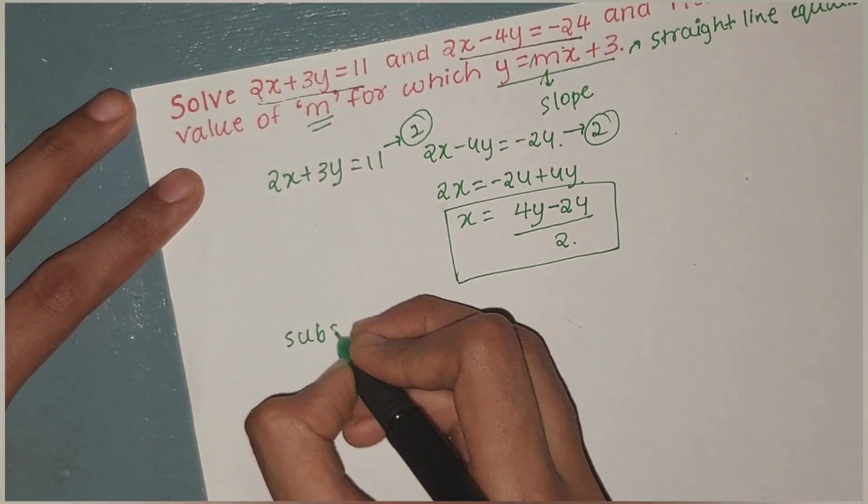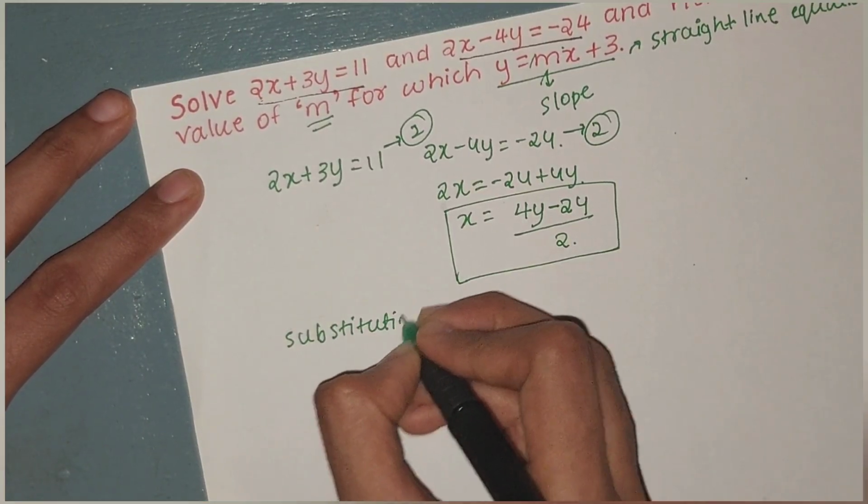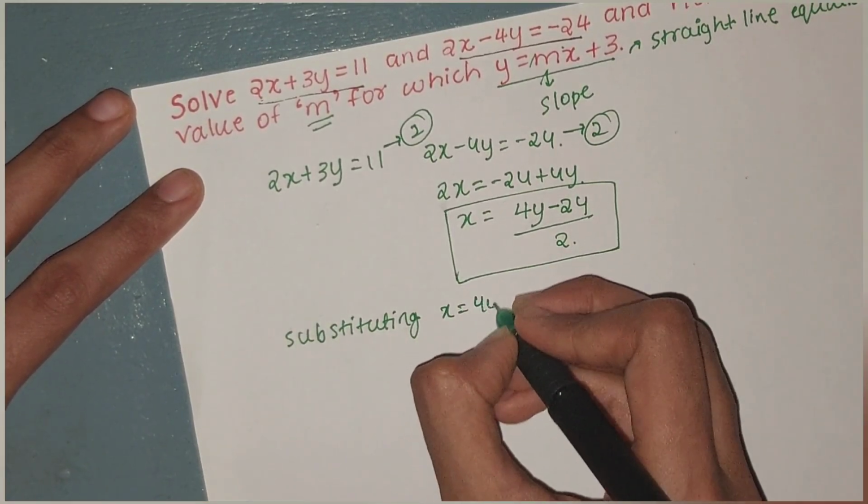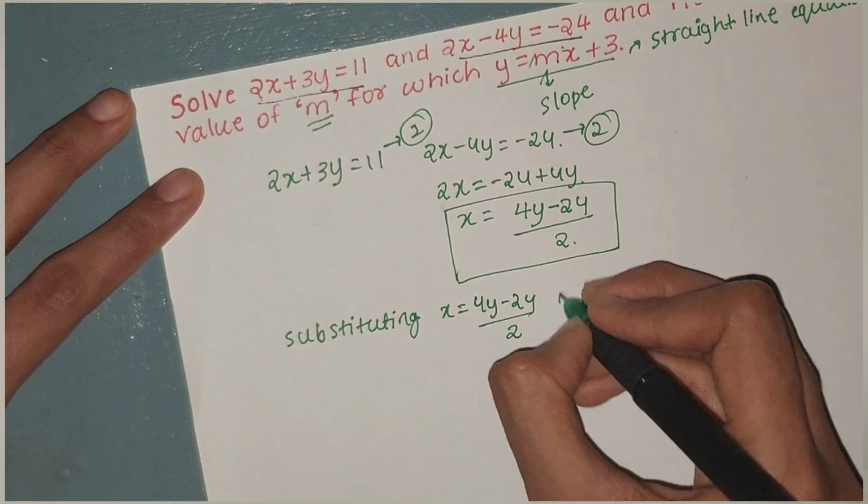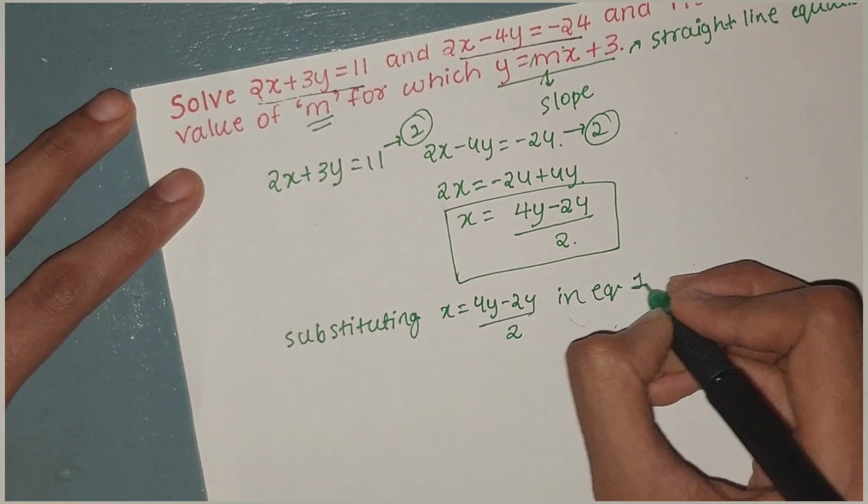Substituting x is equal to 4y minus 24 by 2 in equation 1.